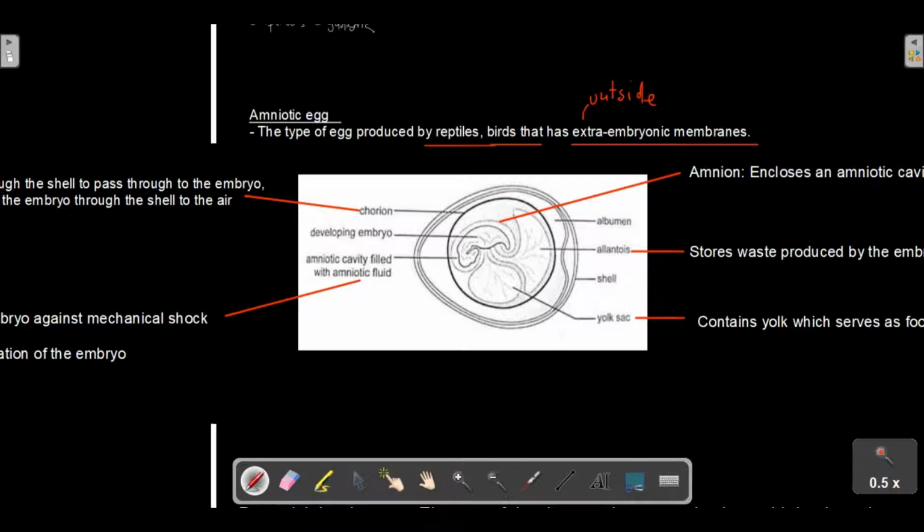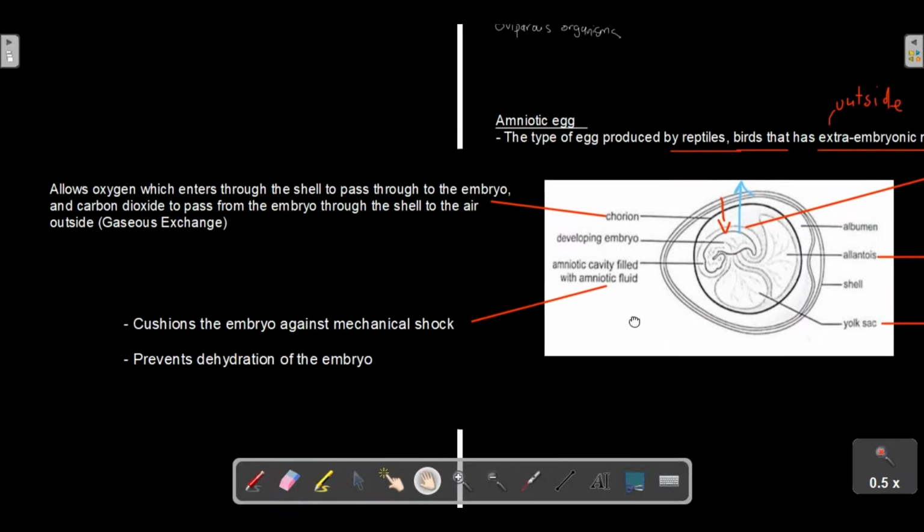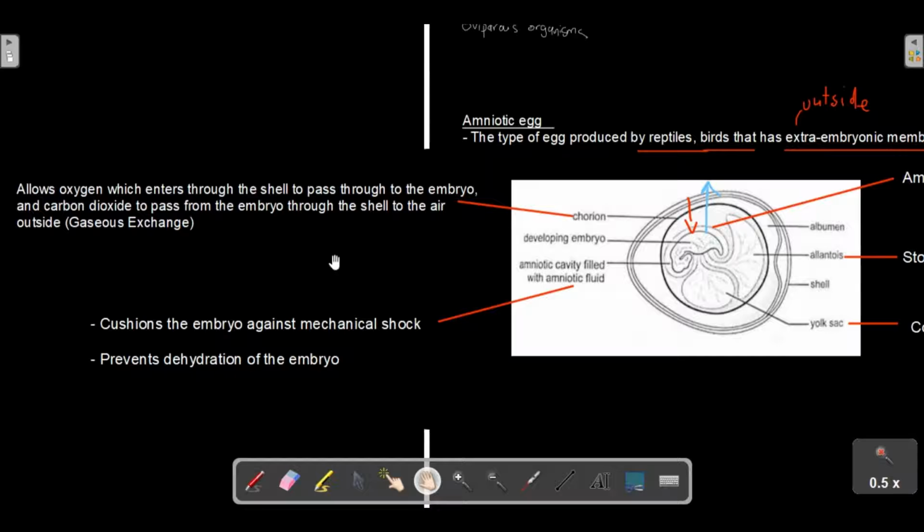Remember, the embryo requires oxygen, and the chorion takes out the carbon dioxide, which is waste. So the chorion allows oxygen, which enters through the shell, to pass through to the embryo, and carbon dioxide to pass from the embryo through the shell to the air outside. So it serves a gaseous exchange function. This is the chorion, the dark layer that we have there.